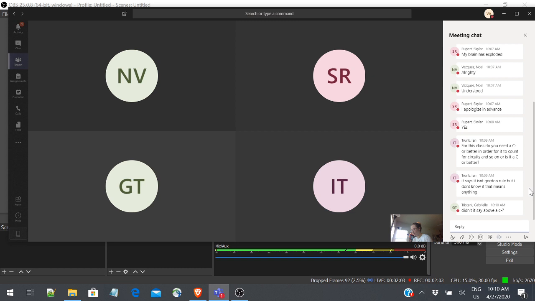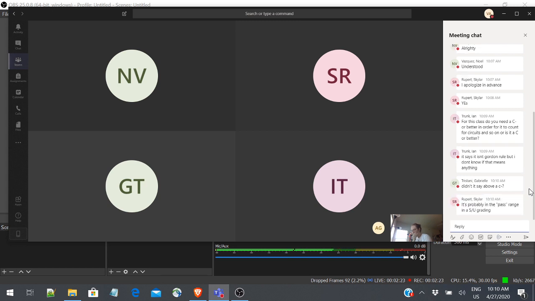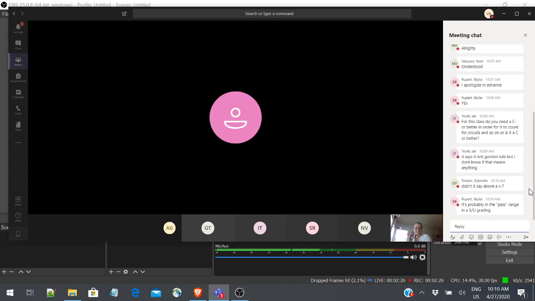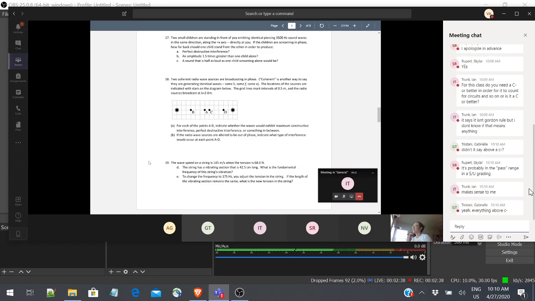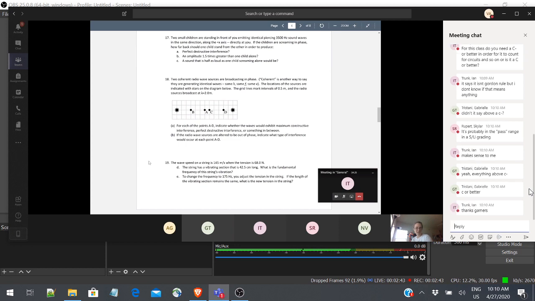I feel like it should say in the catalog, and if it doesn't say in the catalog, I don't know if they can enforce it. Did it say above a C-? I don't know. Yeah, that's true. I feel like it must be a C or better in order for the SU grading stuff to work, because S is a C or better, not a C- or better. Yeah.